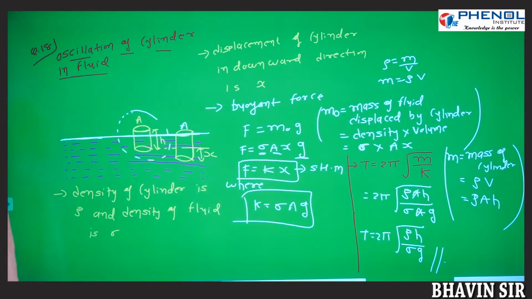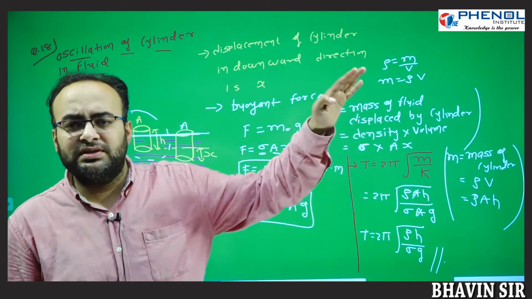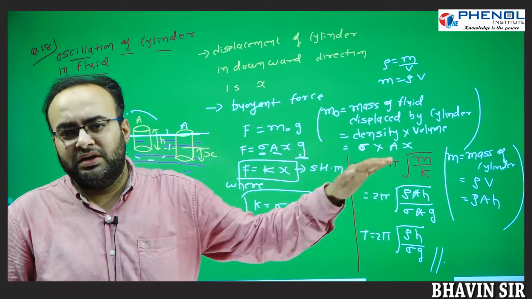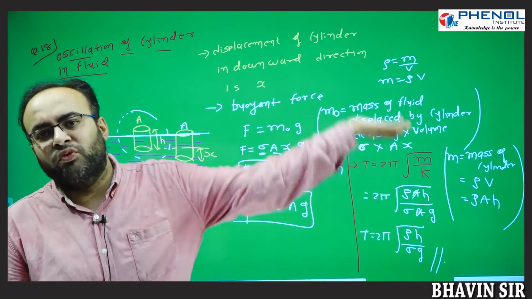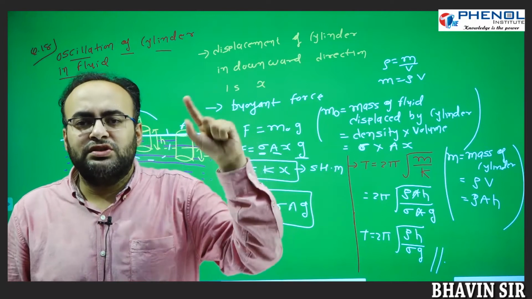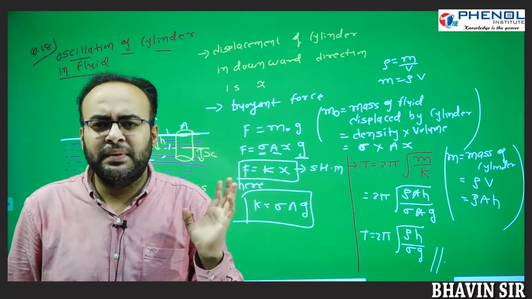Okay students, so here oscillation is due to what? When the cylinder is moving in a downward direction, then when force is released, it again moves in upward direction. So that restoring force is due to what? Buoyant force.